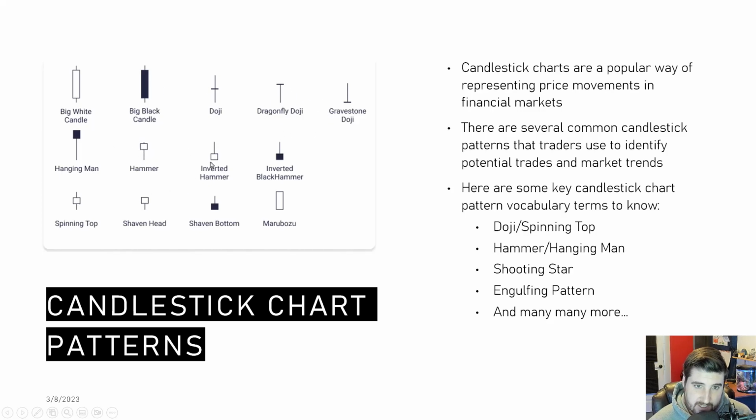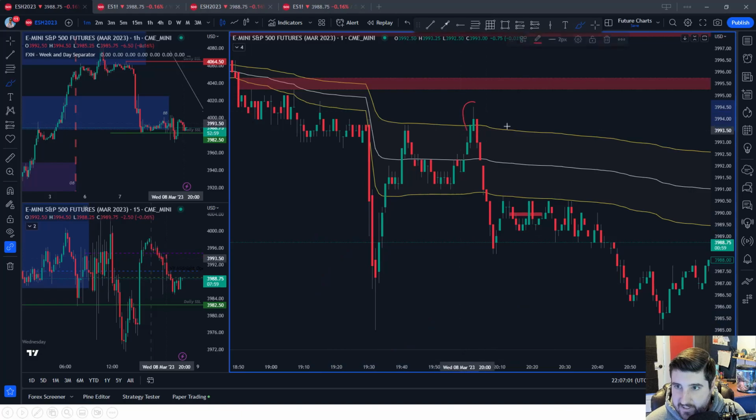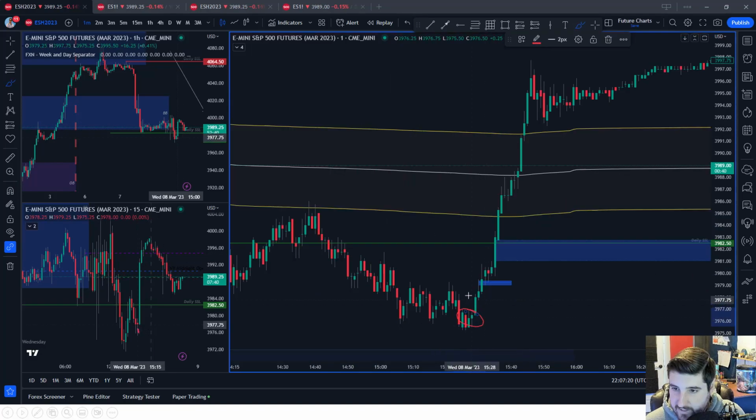Dragonfly, doji, kind of all similar, right? Or the shaven head. Those are usually what you're going to see when price is flipping around, and you'll see the inverted ones of that going the opposite way. Here, kind of similar, right? Not so much here. Another one down here, followed by those big candles. Pretty good sign it's going to go that way, right?